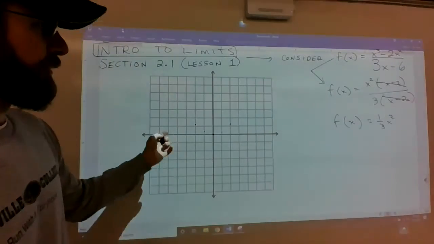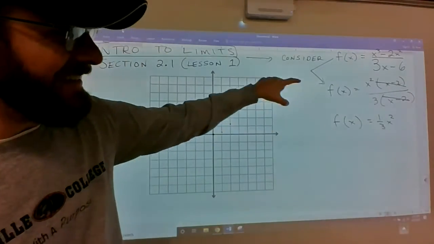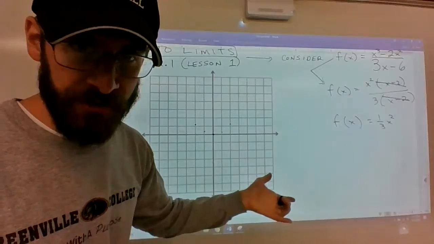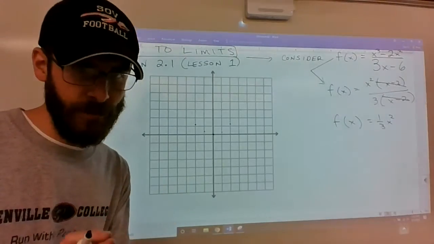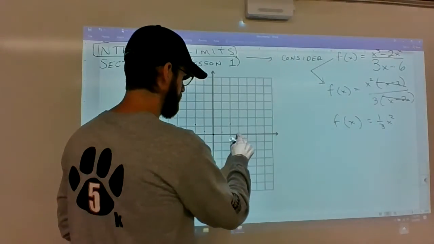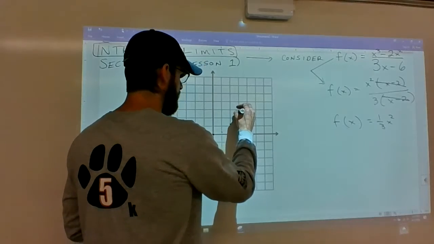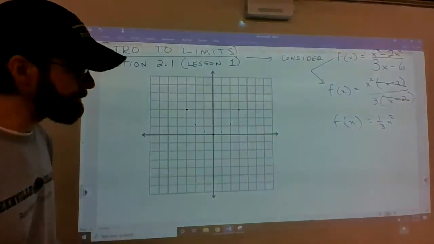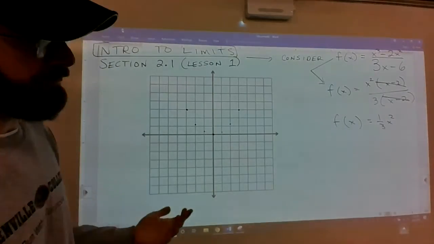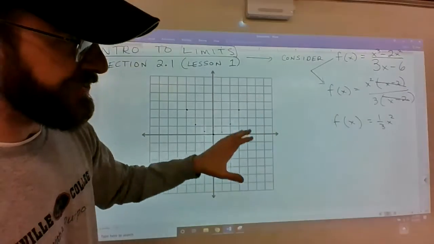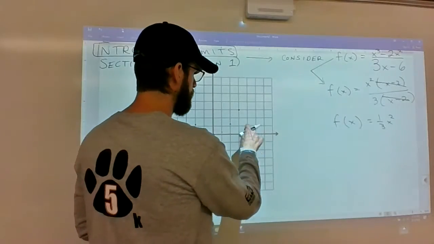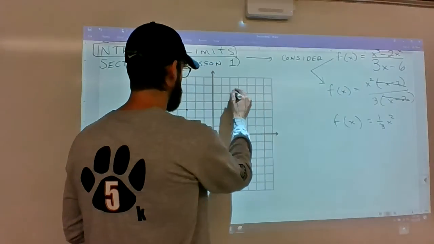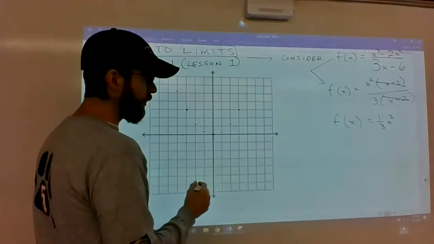And then if you plugged in 3, 3 squared is 9. 9 times 1/3 is 3. I'm just using symmetry to get these partner points on the opposite side. And if I plugged in 4, that'd be 16/3, which is 5 1/3, and so on and so forth.